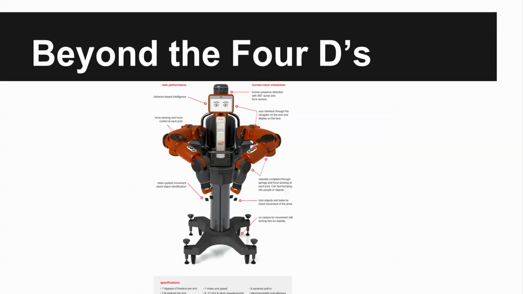So going beyond the 4Ds, the dull, dirty, dangerous, and difficult tasks that we're going to have robots undertake really come down to precision. And that's the performance of tasks accurately and exactly within given quality guidelines.